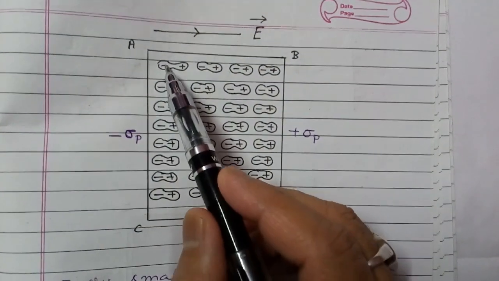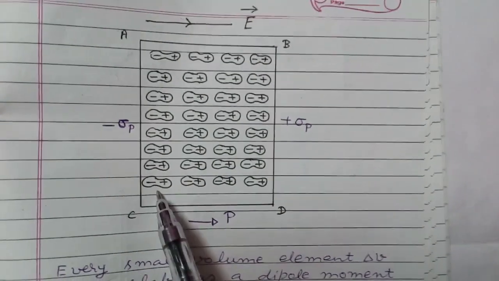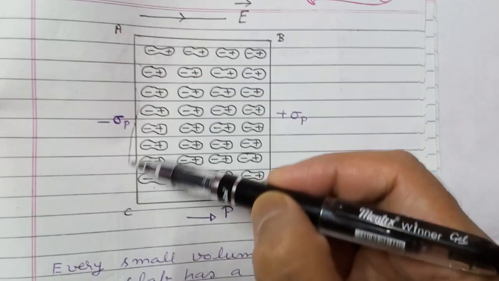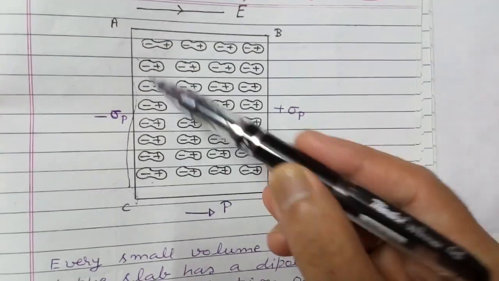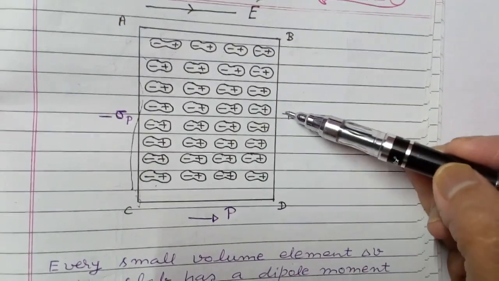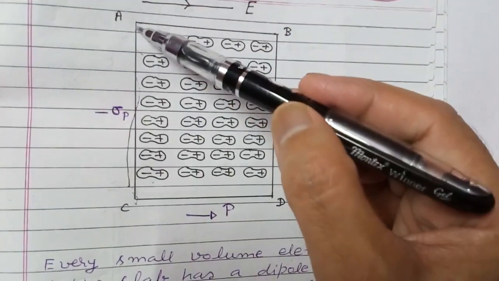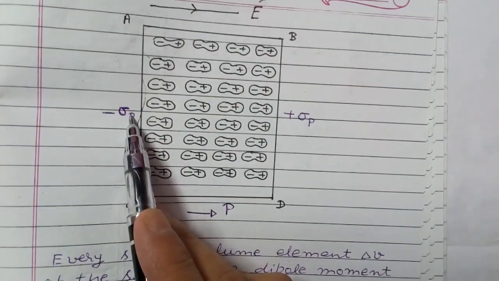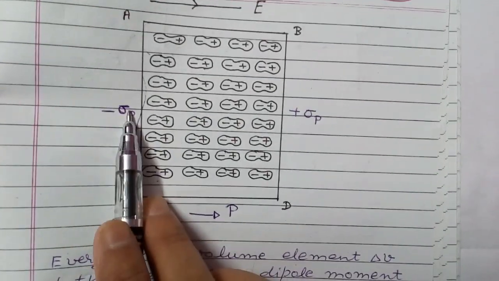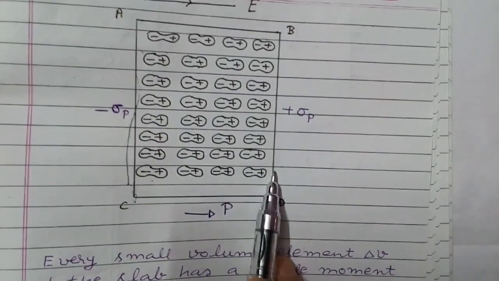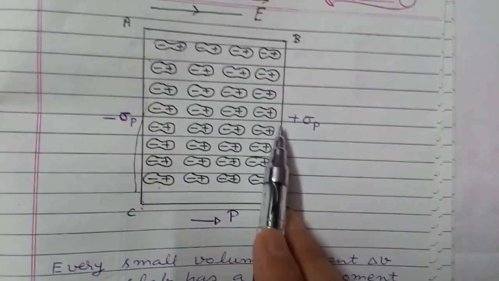So due to this minus, we can say that AC surface has induced charge minus Q and BD surface has induced charge plus Q. If area of surfaces are capital A, then this is minus sigma P induced surface charge density due to polarization, and this is plus sigma P induced surface charge density due to polarization.